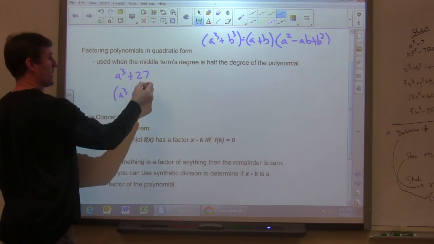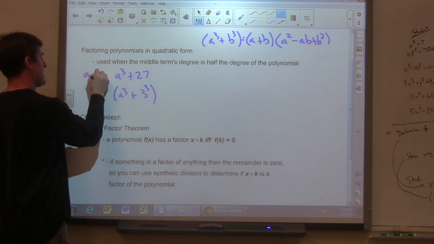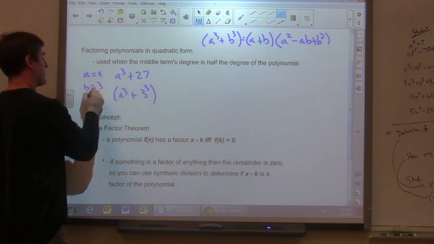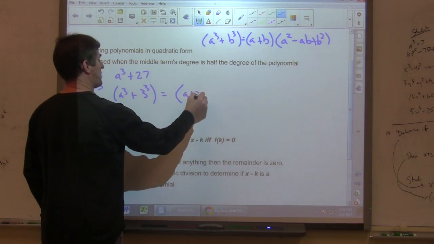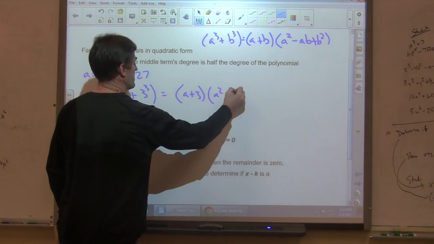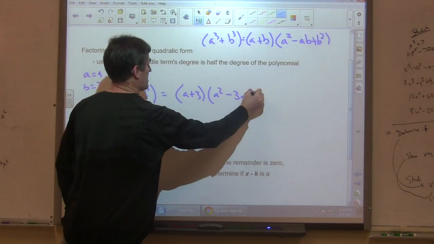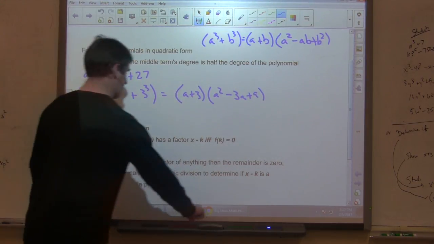The question is, is 27 a cube? Which it is, so that's 3 cubed. So in this case, my a is a, and my b is 3. And so I just plug it in, and it would be a plus 3, and then a squared minus 3a plus 9. And we're done. So hopefully that's what you got.